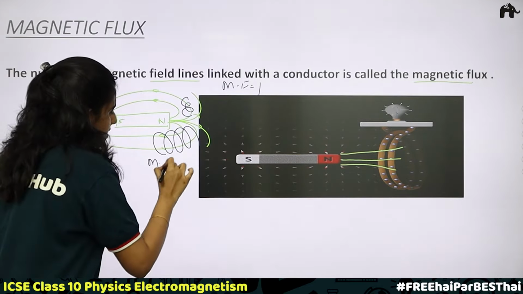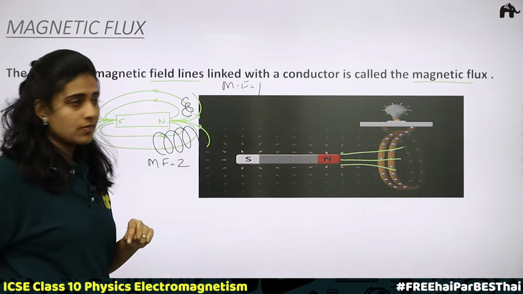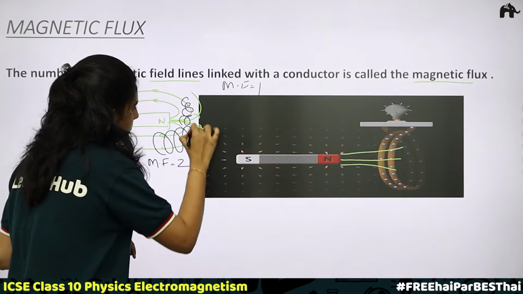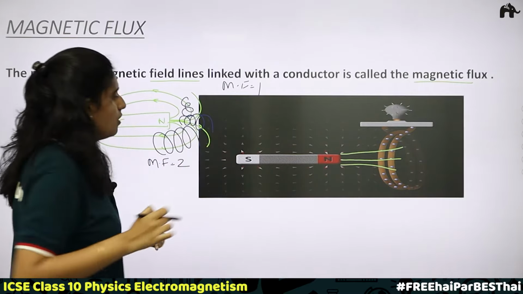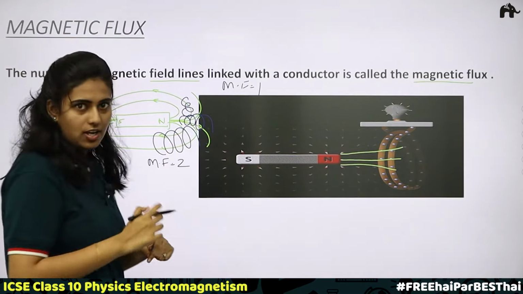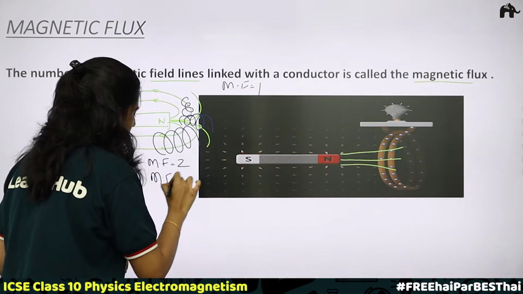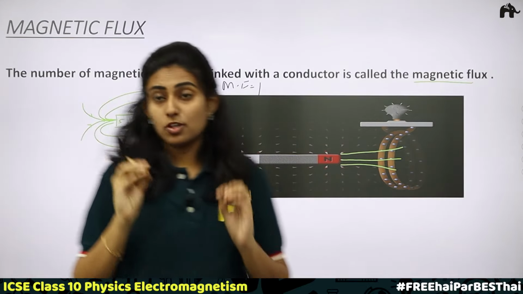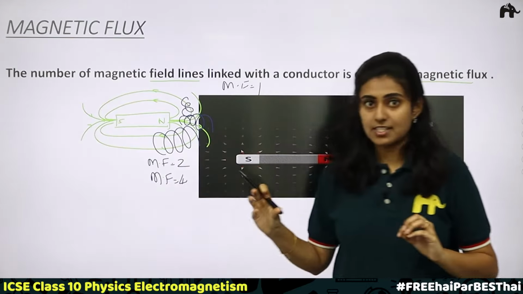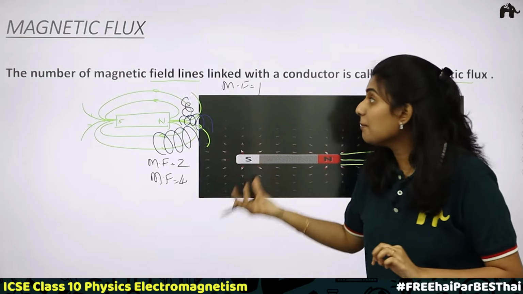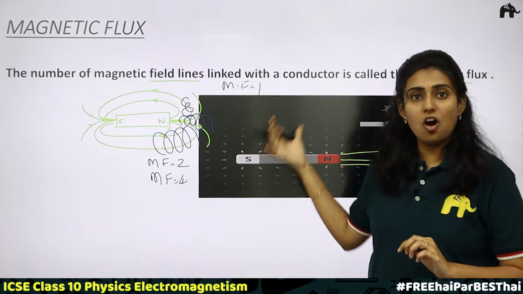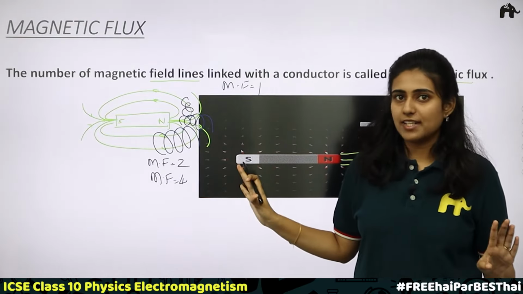Therefore, the magnetic flux will be equal to 2. Now, here you can see 1, 2, 3, 4. Four field lines are passing through the coil, which means the magnetic flux will be equal to 4. So understand the basic concept of magnetic flux. It is the number of field lines passing through a conductor or linked with a coil. Clear? Understood what magnetic flux is?